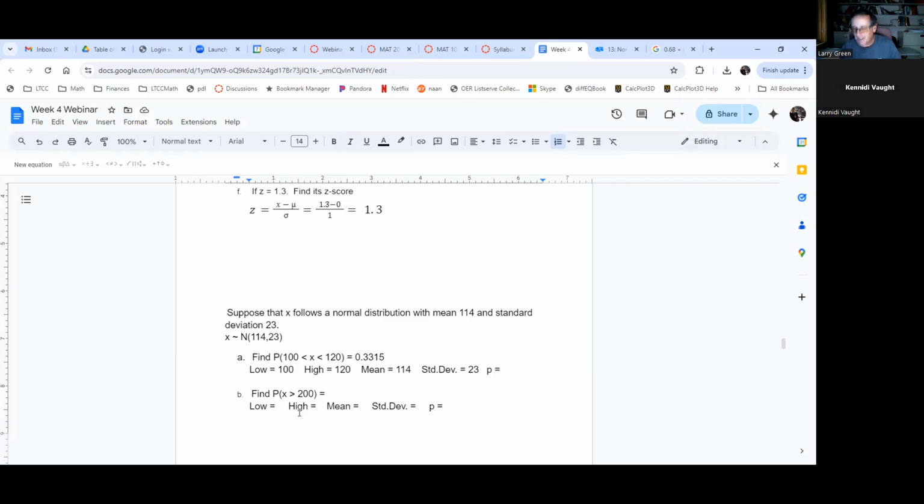Okay, everybody thinks it's 201, but that's not true because how about 200.1? Or how about 200.01? Or 200.000001? With a continuous distribution, you could go as far out as you want, and it actually doesn't even matter if you have greater than or equal to. You get the same answer.